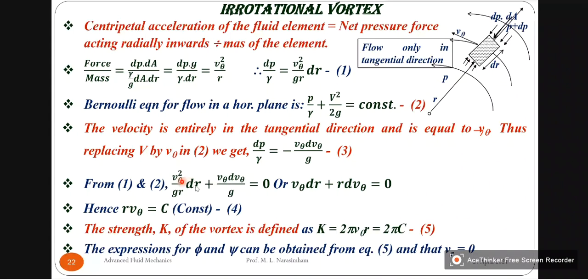Before integration, if you simplify, this is v theta square and this is v theta, and this v theta is outside the differentiation. So I can cancel one v theta, and g also will go, leaving you v theta dr plus, taking the LCM, r dv theta is equal to 0.